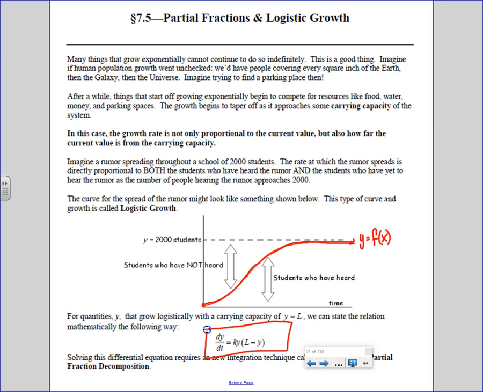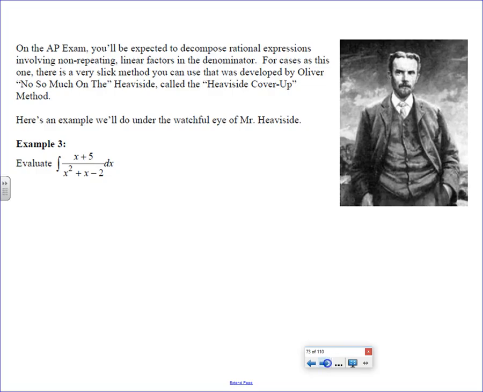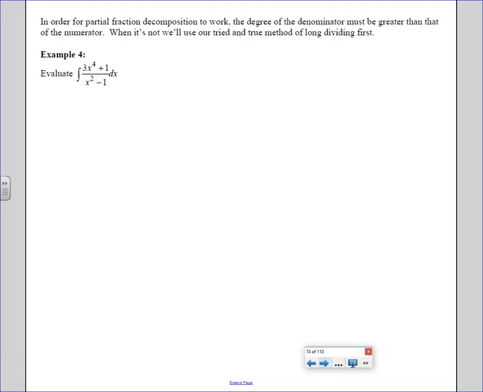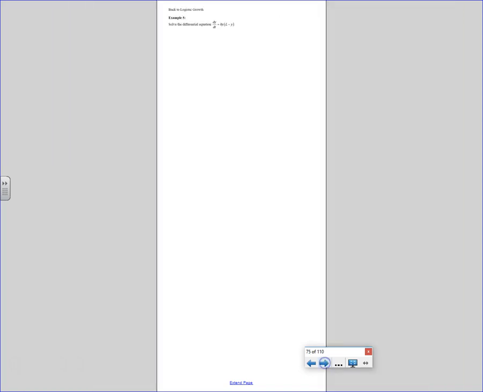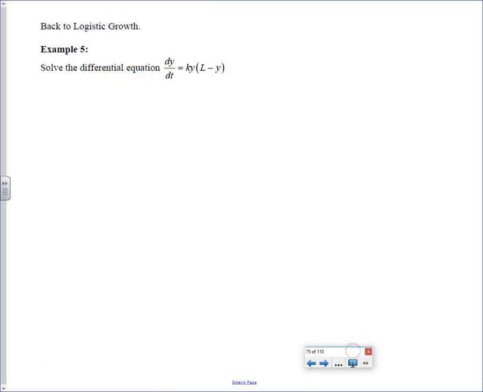Does anybody see why we needed partial fractions? What do we do with the differential equation? We integrate. What would this differential equation separated look like? Logistic growth. We already talked about partial fractions, we need those extra slides.